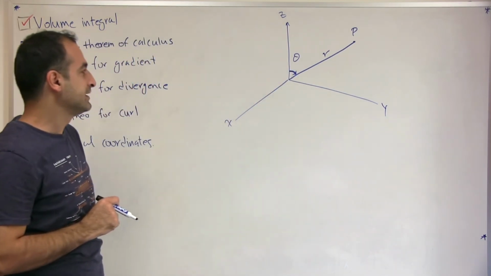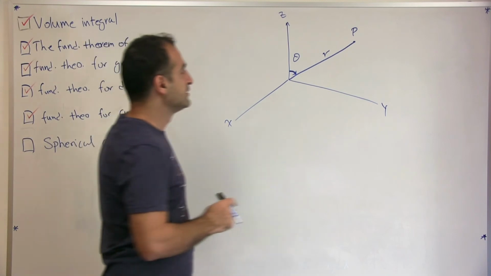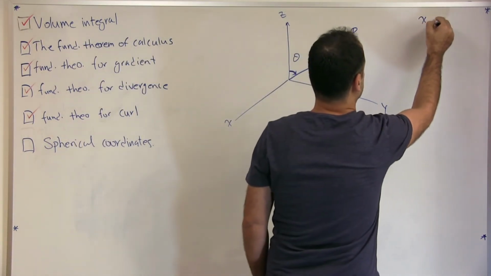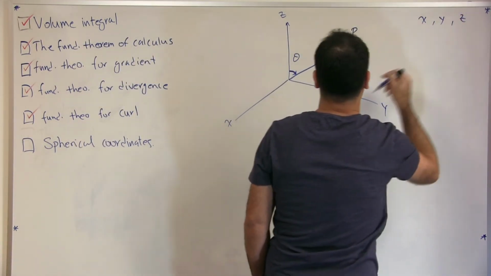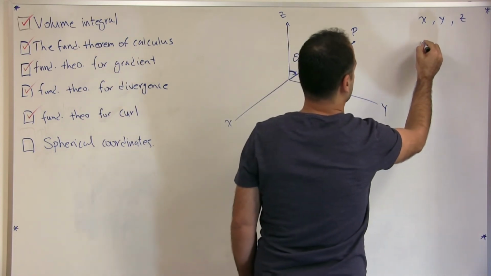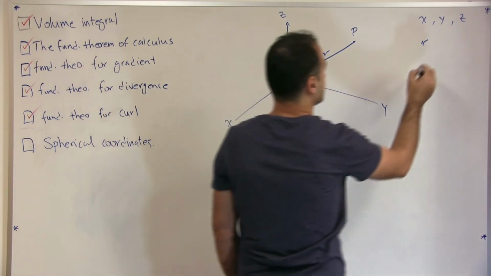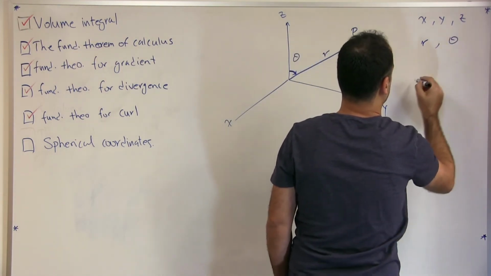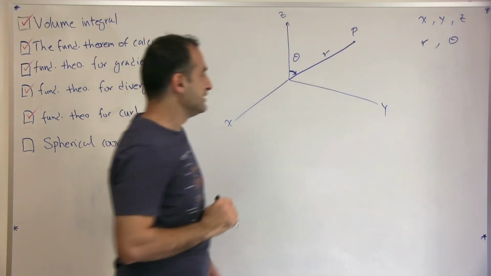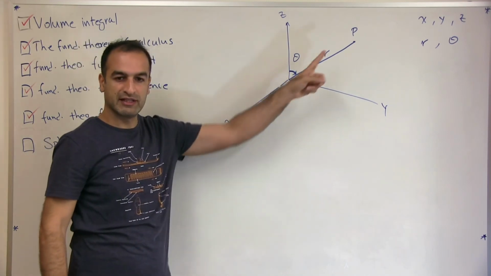That is the polar angle. So instead of x, y, and z, I'm using r, the radial component, and theta, the polar angle.